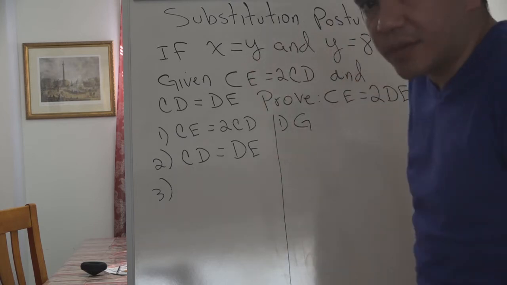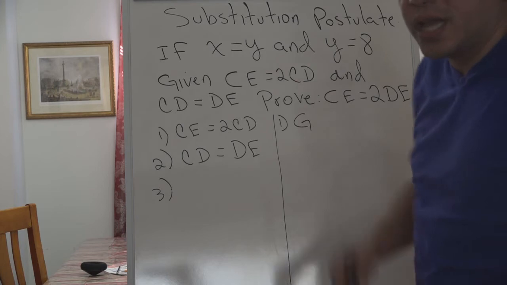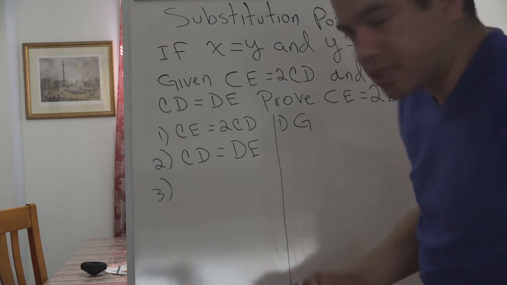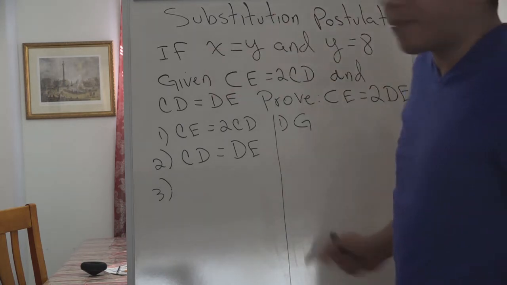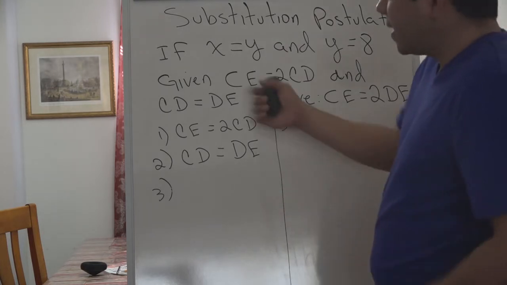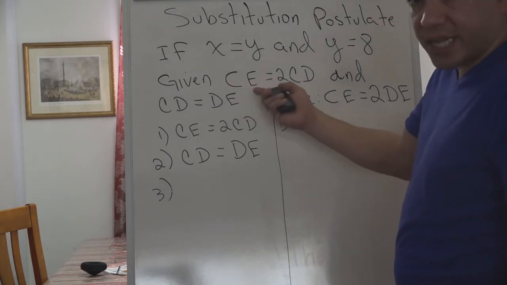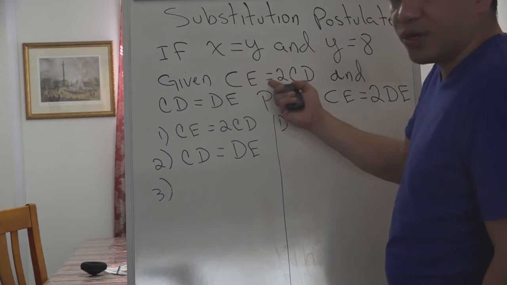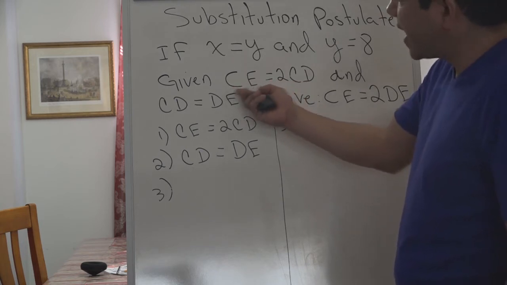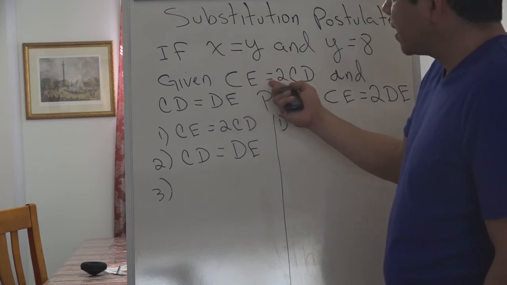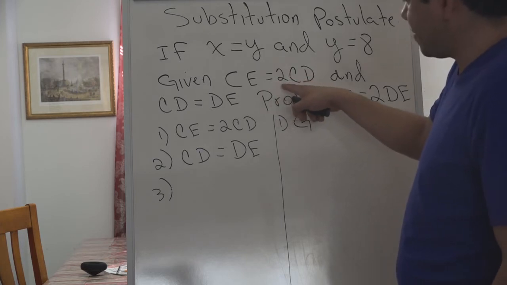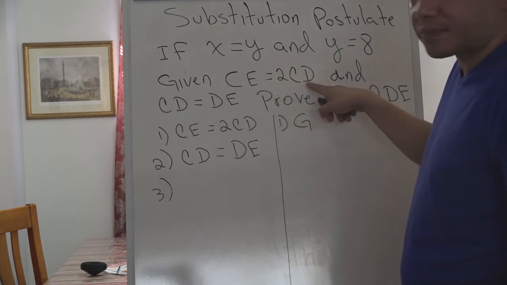That is called substitution. Okay, you can substitute equal quantities with equals. So let's look at this example, okay? Given the length of segment CE, the measure, you see we're using the equal sign. So the length of segment CE equals 2 times the length of CD.